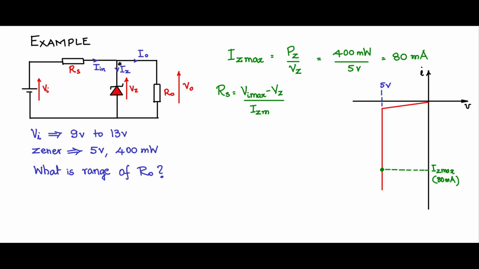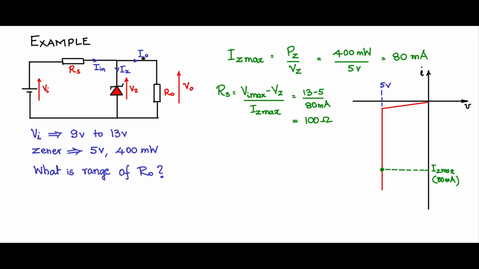Now In, I'll take it as IZ max, assuming that I0 is 0. That is one of the extreme conditions that we saw earlier. So that would be 13 minus 5 divided by 80 milliamps, which is 100 ohms.